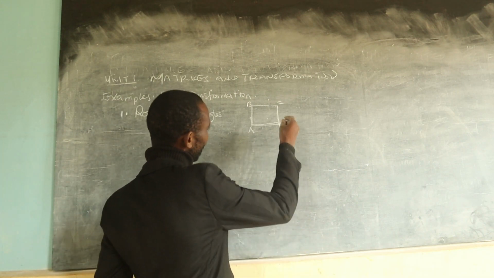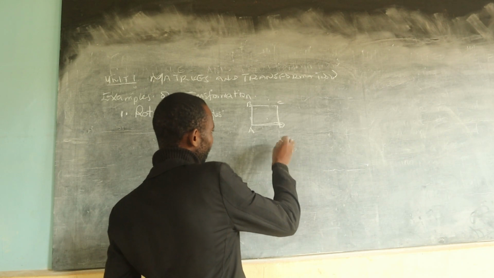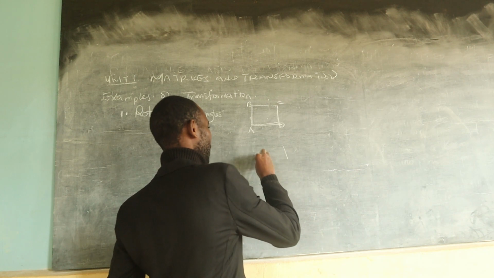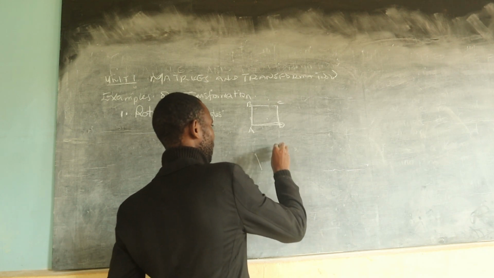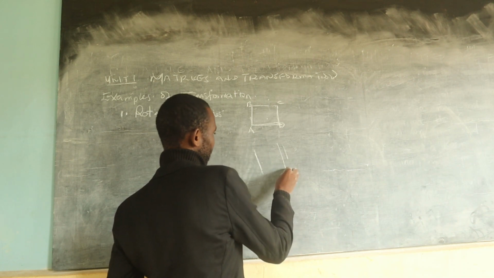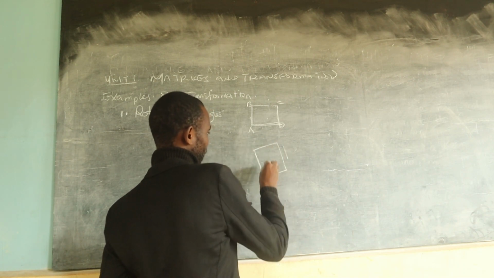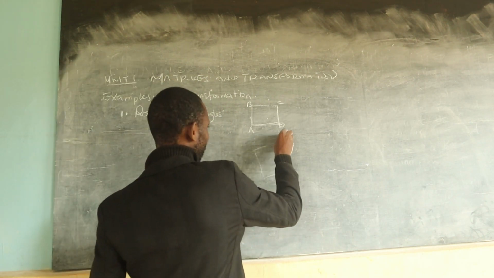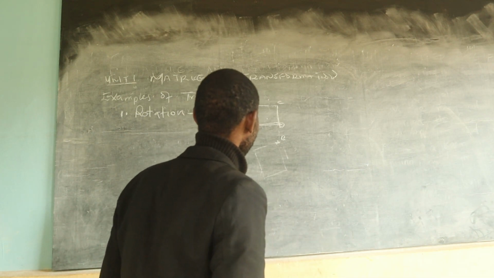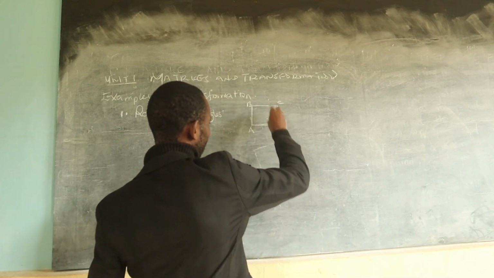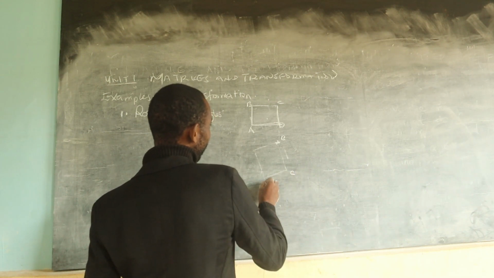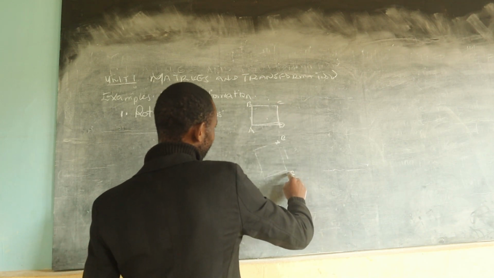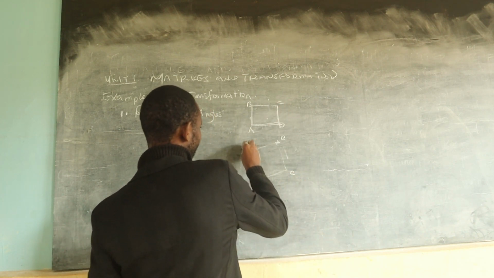So if now it undergoes, let's say, 20 or 30 degrees, then it will look like this. This is just a rotation, like this, and this way. After it has undergone this, that would be my B. My B has come here, my C here, this one has come here, and so my D here and my A here.